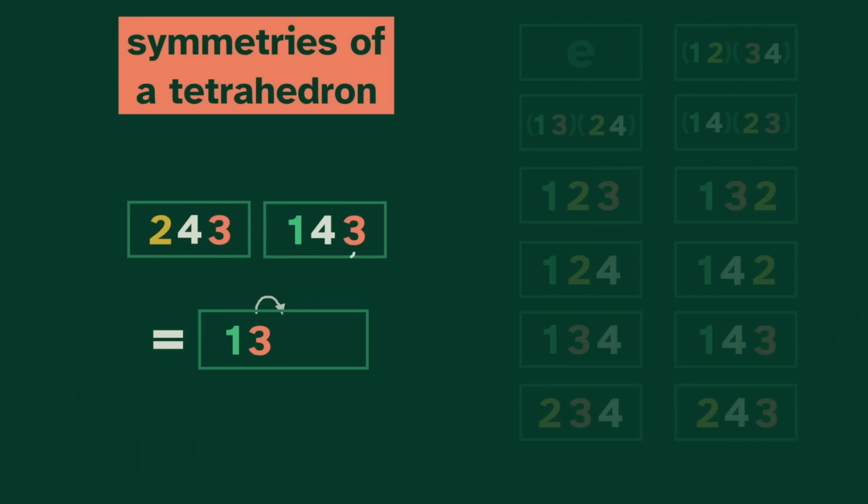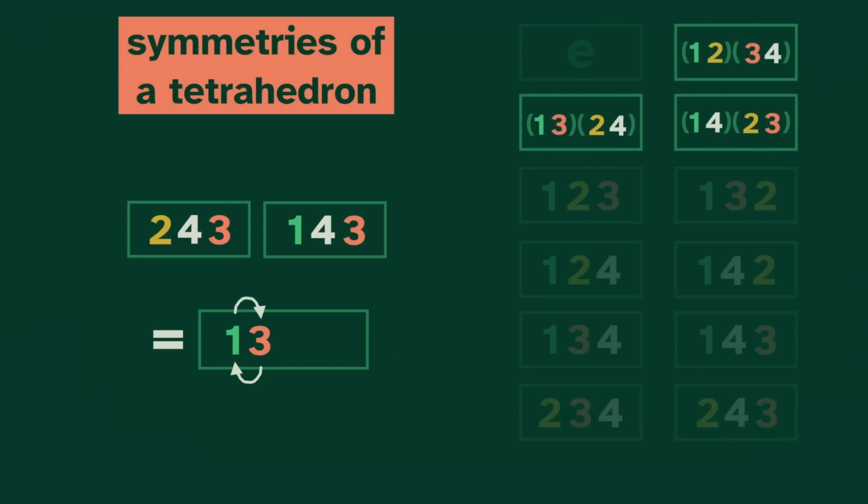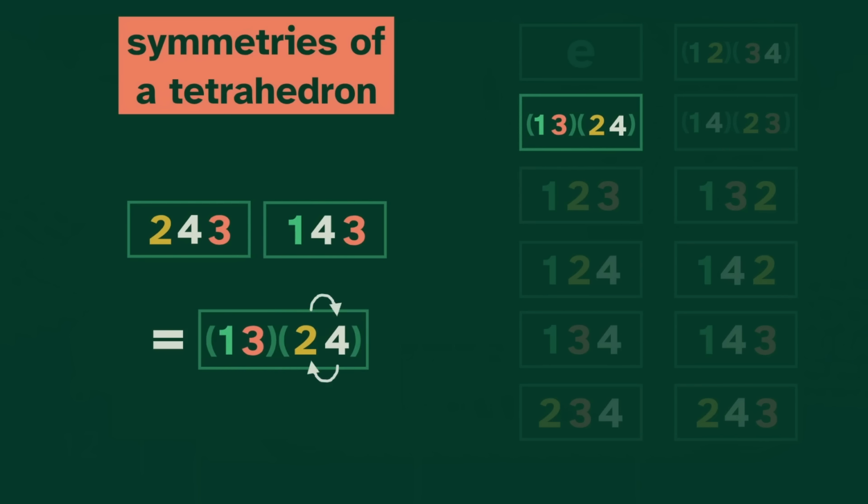So first it goes back around to 1, and then 1 isn't here, so it's fixed. So 3 goes to 1. 1 and 3 swap with each other, so it must be one of the swaps. This one. Yeah, it is. 2 and 4 also swap. First 2 is fixed, then it goes to 4, and 4 goes to 3, which then goes to 2.